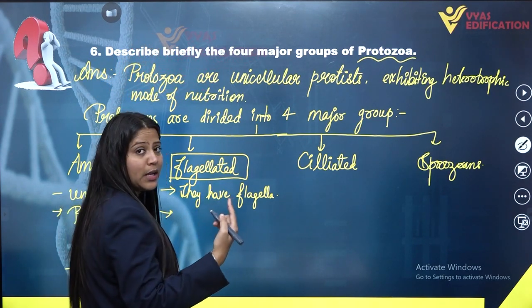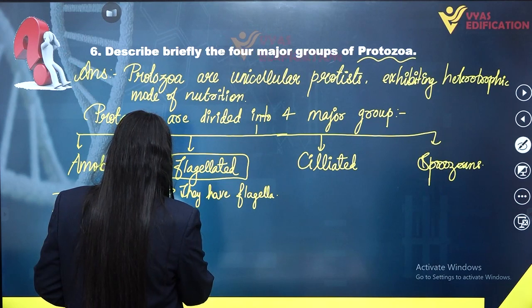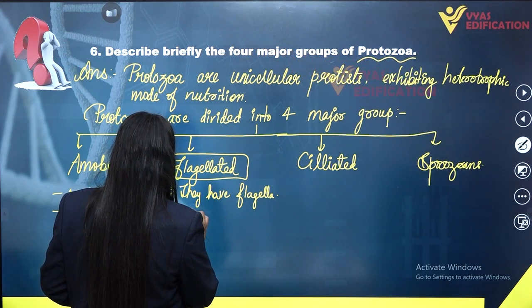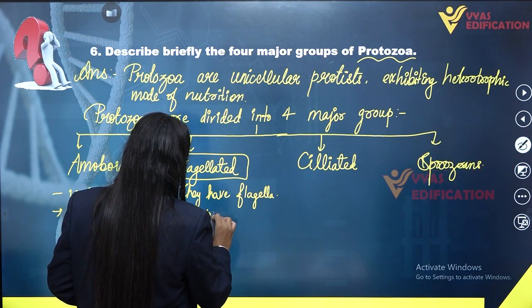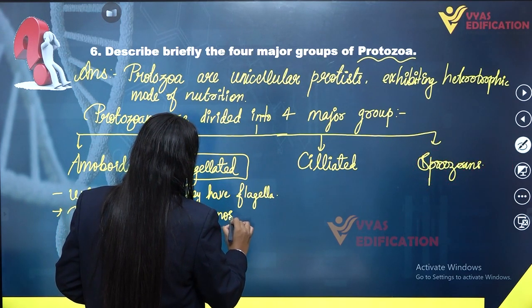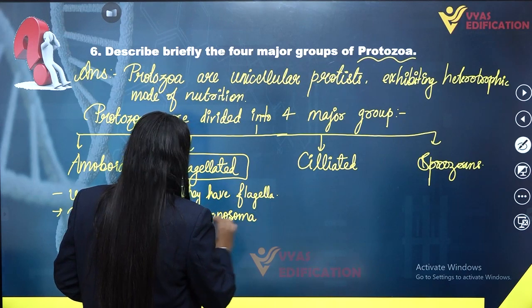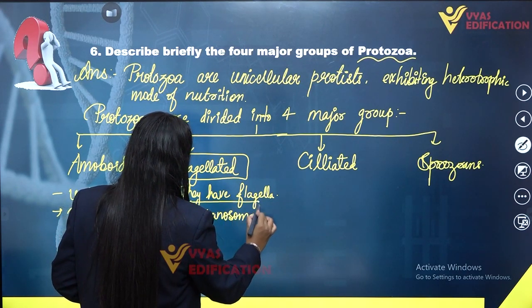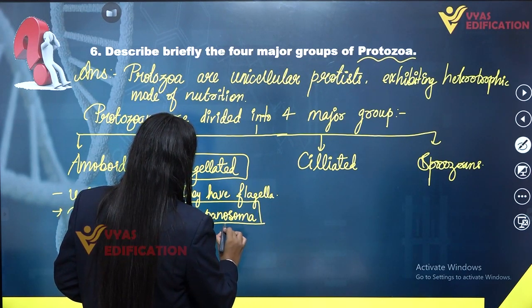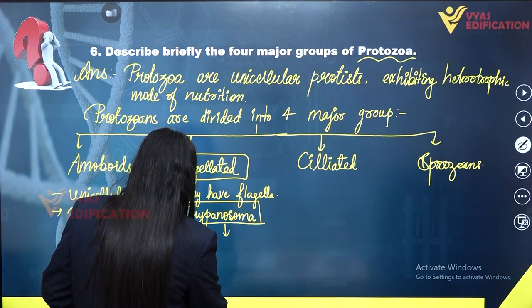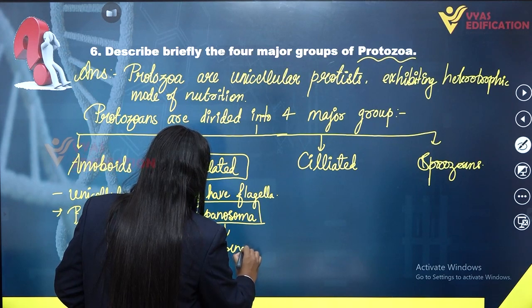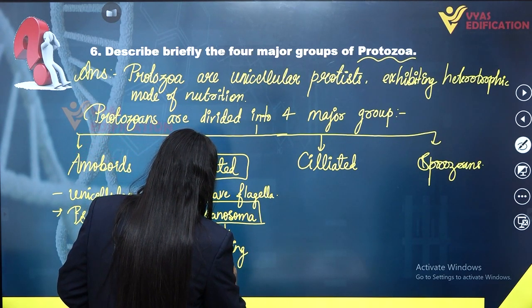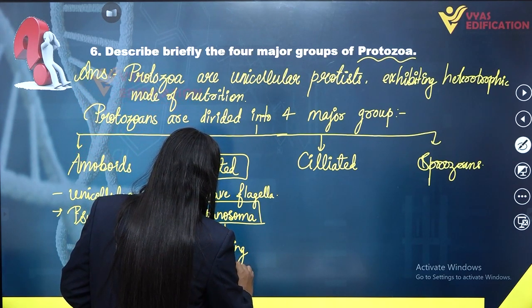They can be free living, they can be parasitic in nature, and a very famous example is trypanosoma. Trypanosoma is the member of flagellated protozoan which is responsible for causing sleeping sickness in humans.